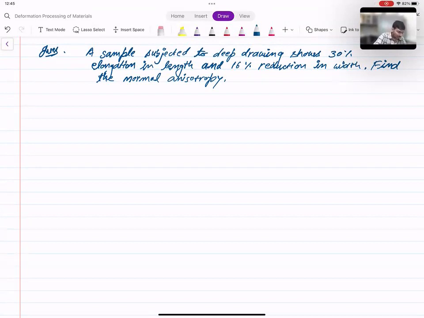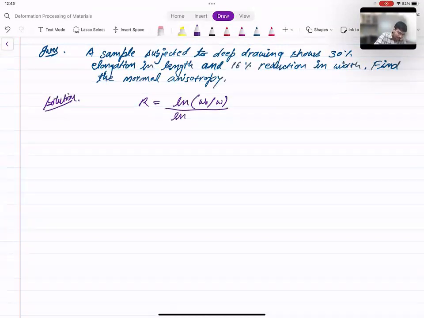If you remember the relation, that was like R was nothing but ln of initial width by final width divided by, here the ratio was reversed, so this was ln of final width by initial width multiplied by final length by initial length.